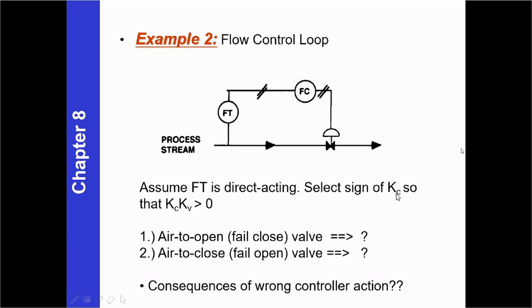If you select the sign of Kc so that Kc and Kv are bigger than 0, then if the flow is to open the close valve, what is the value you expect? And if it is to close or fail open the valve, what are the consequences, or the action of the controller, for these particular actions? This is the example that we want to study.